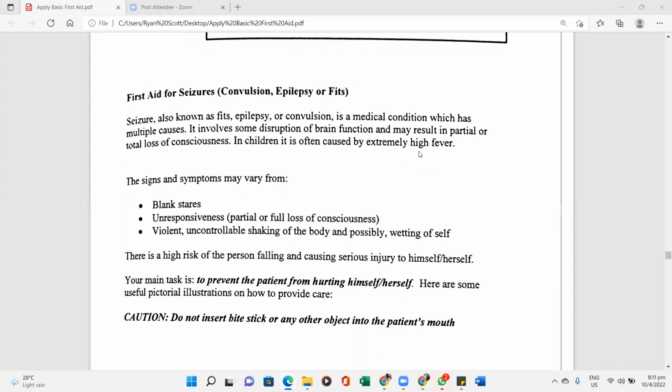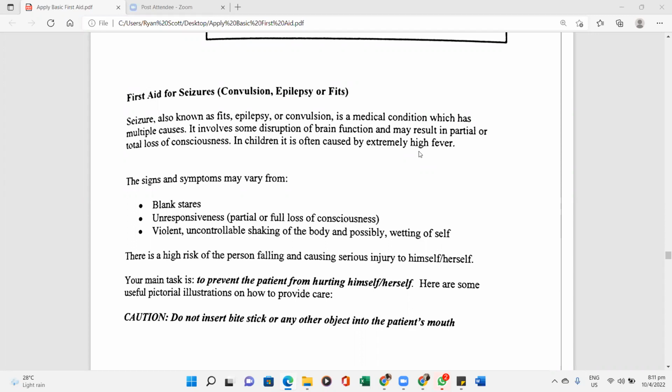In children, it is often caused by extremely high fever. The symptoms are a blank stare, unresponsiveness, violent, uncontrollable shaking of the body, and possible wetting of themselves, meaning that they pass urine or feces on themselves.